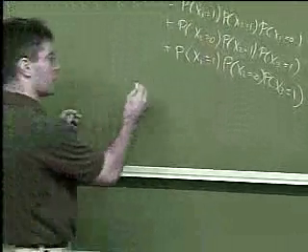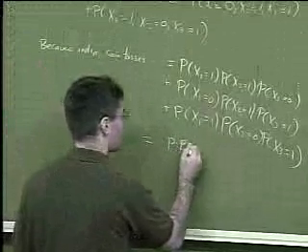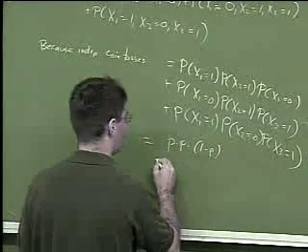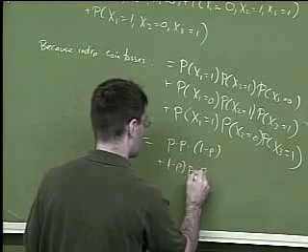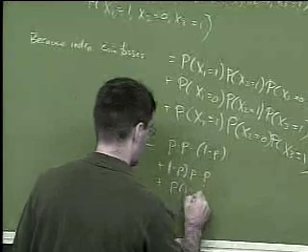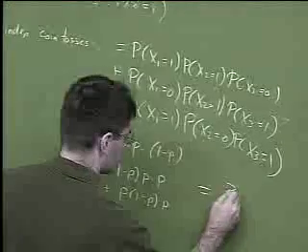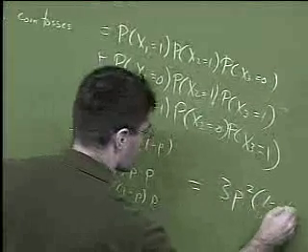Okay, which is p times p times 1 minus p plus 1 minus p times p times p plus p times 1 minus p times p, which is 3 p squared times 1 minus p.